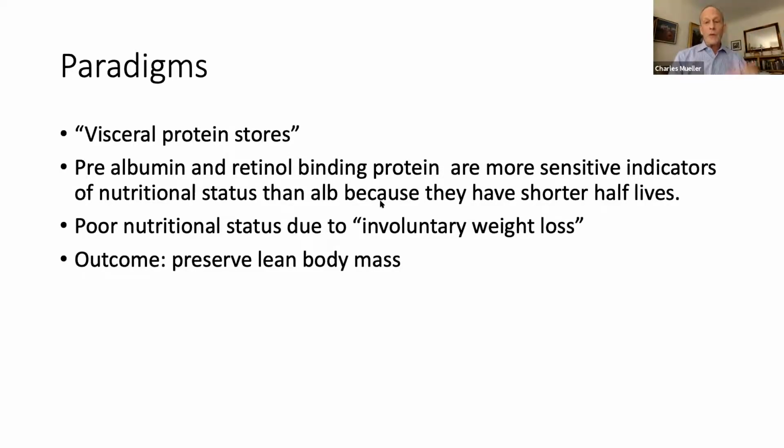And I was taught that when they're low, it's like a measurement on a gas meter, and that we could replete prealbumin and albumin by giving more protein. We would also preserve lean body mass if we gave them adequate nutrition and protein.